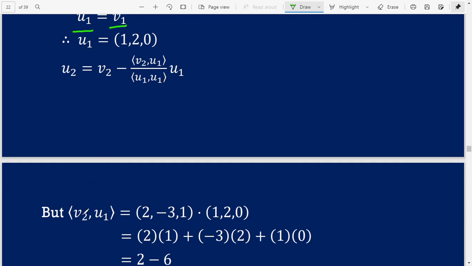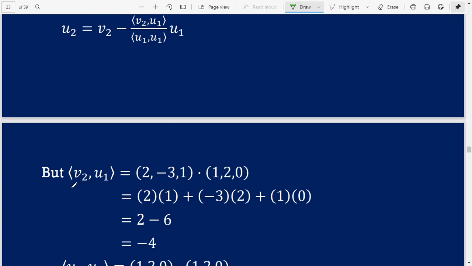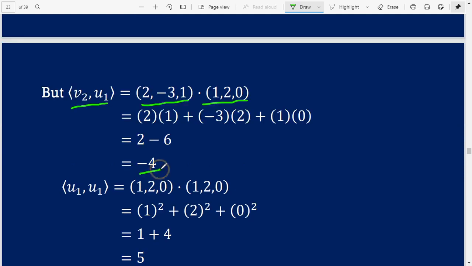So we find inner product V2 with U1. This is V2 dot product U1, so 2 into 1 plus minus 3 into 2 plus 1 into 0. So this is equal to 2 minus 6, which is minus 4.